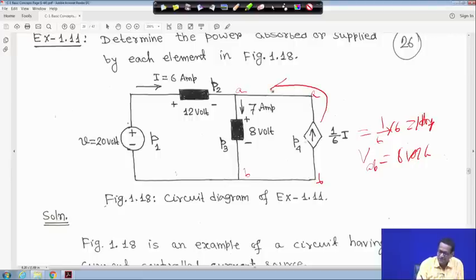So, current is flowing through this, this is plus and this is minus. Therefore, the current is leaving the plus terminal. So the power supplied by the source will be minus 8 into 1, that is minus 8 watt. So this is the concept.